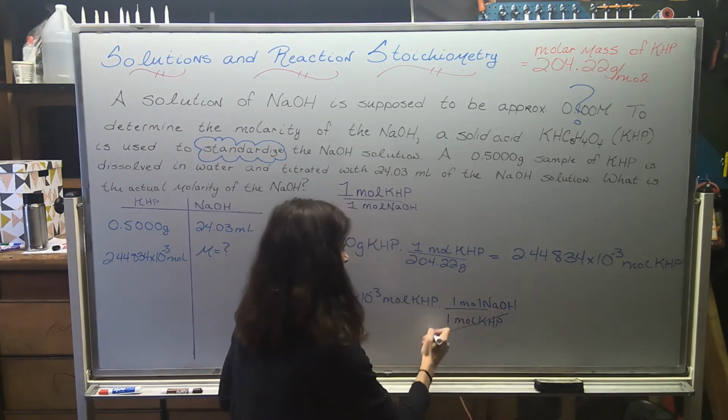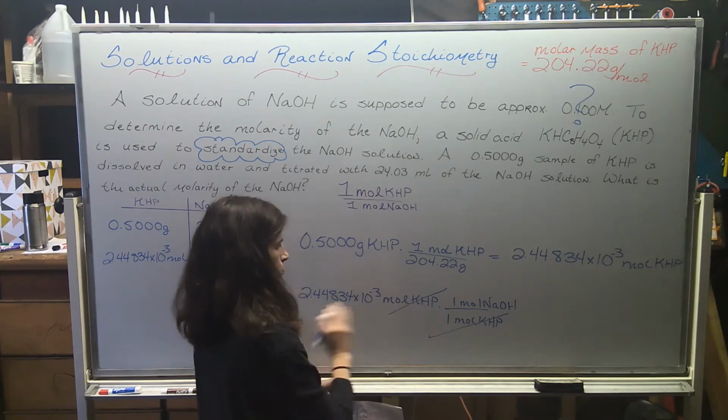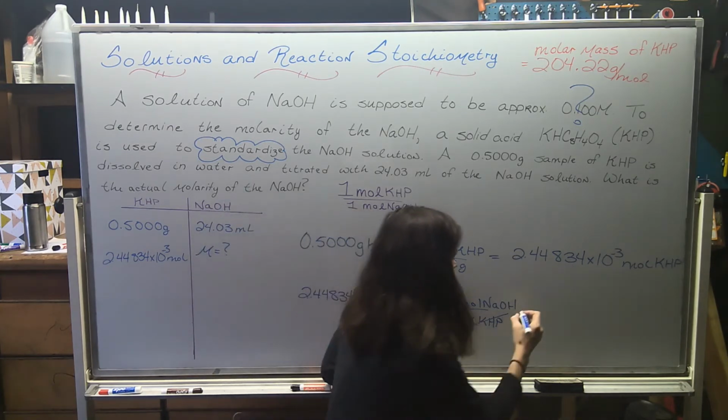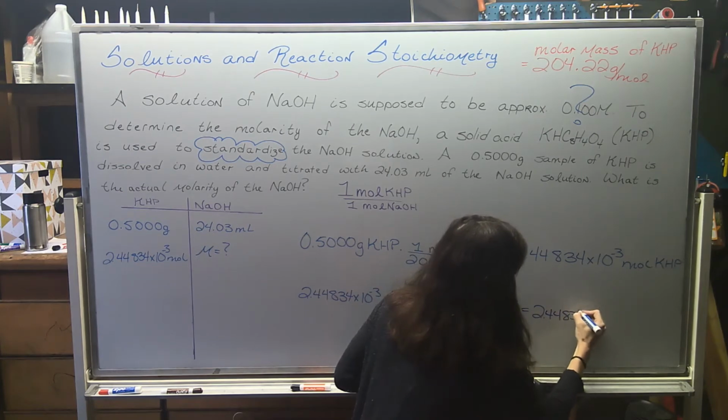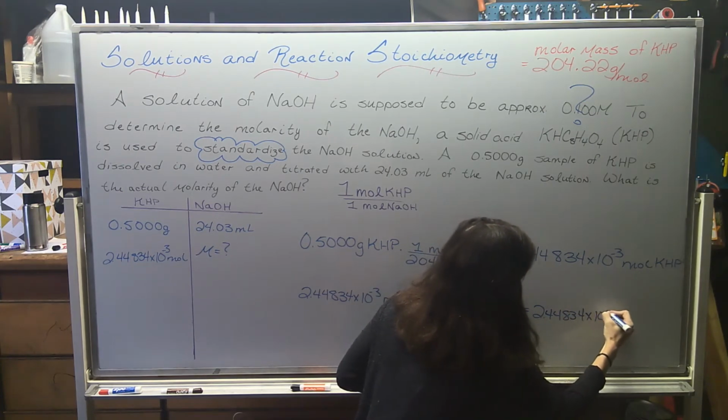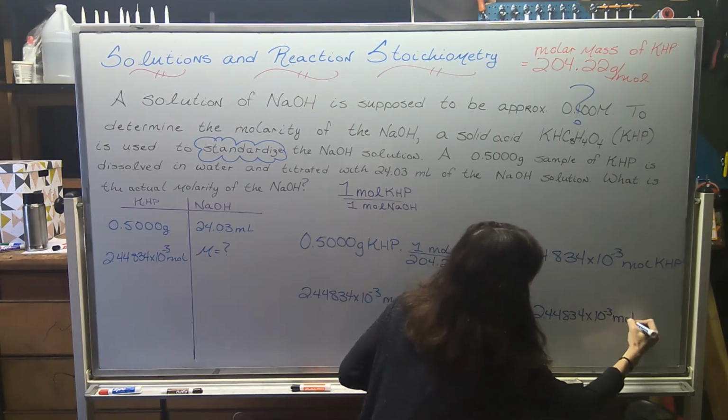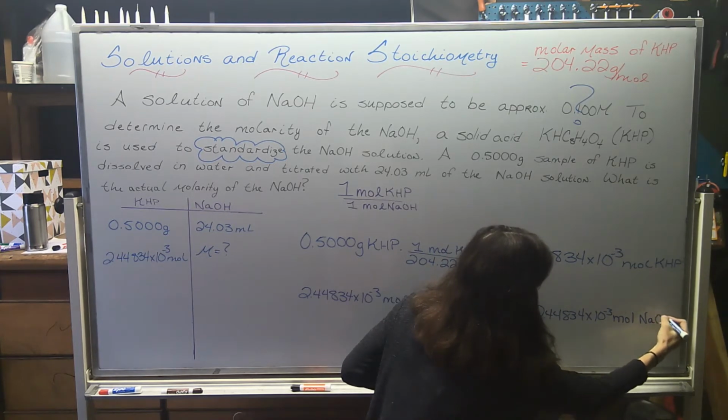Because the moles of KHP will cancel the moles of KHP, and that gives me 2.44834 times 10 to the negative third moles of NaOH.